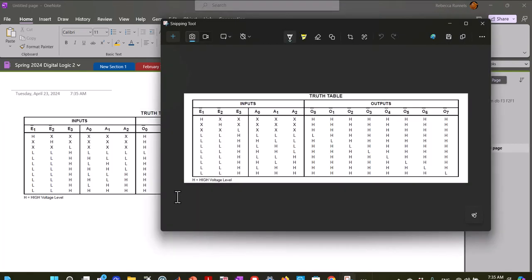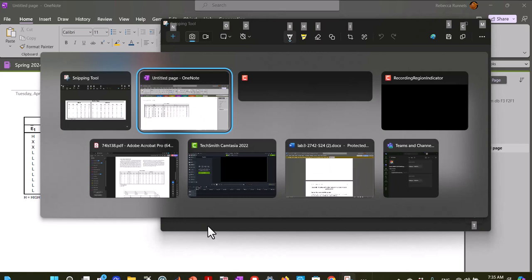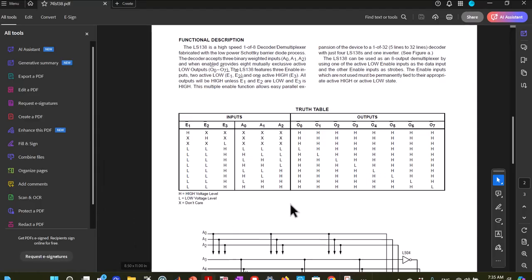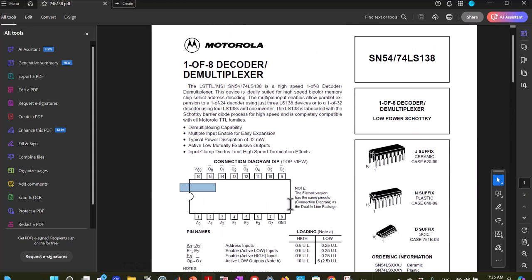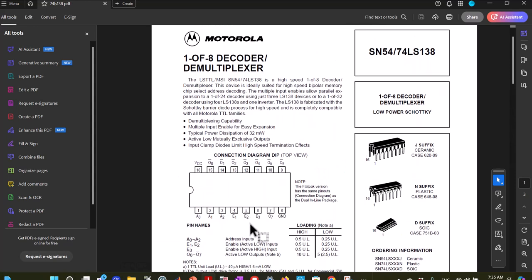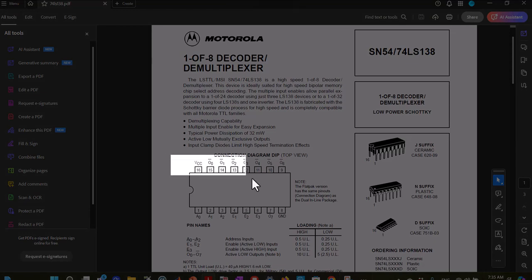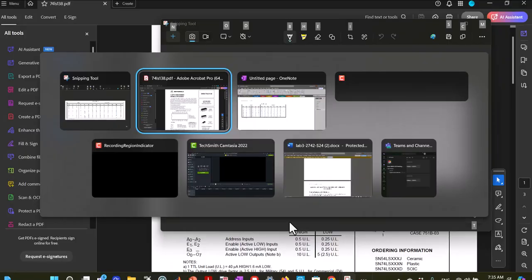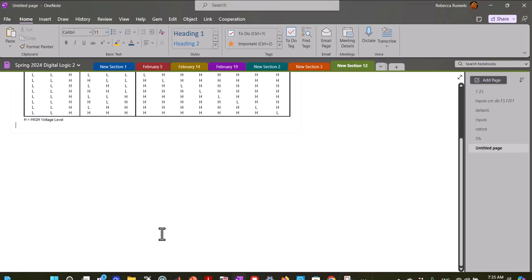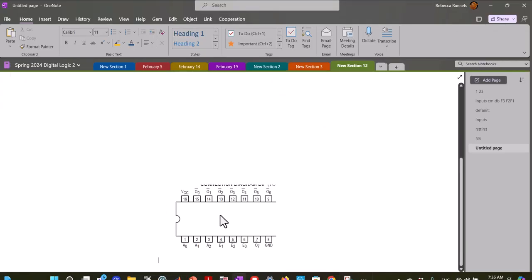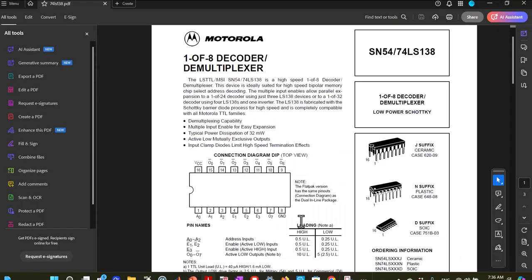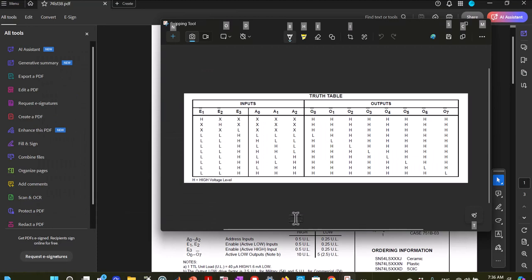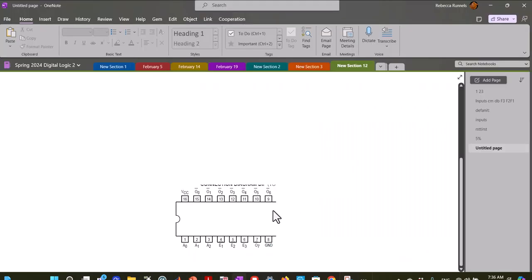And then this is our chip diagram. Get all the pins. I did.